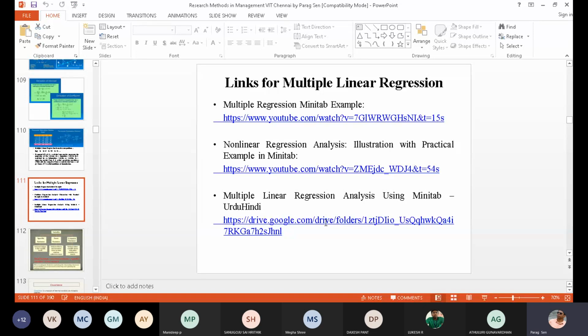Now, for how to conduct nonlinear regression, another link is given by means of which you can conduct nonlinear regression with a practical example. But let me tell you that nonlinear regression is a huge topic.